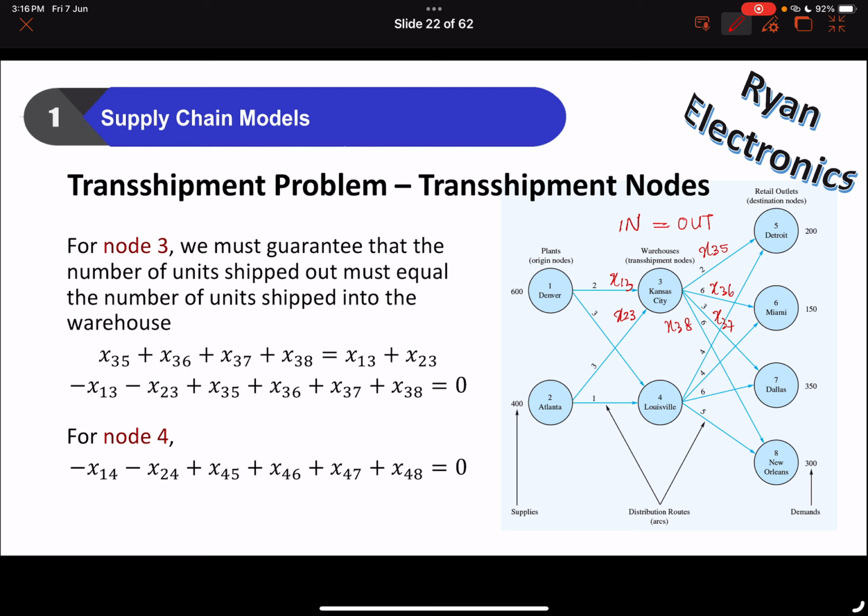In a transshipment problem, the most common way to write it is to have 0 on the right hand side. So we bring the in-shipment to the left hand side, so it becomes negative X13, negative X23. This indicates the in-shipment, and this indicates the out-shipment of the warehouse. For node 4, we can see that this is in and this is out.